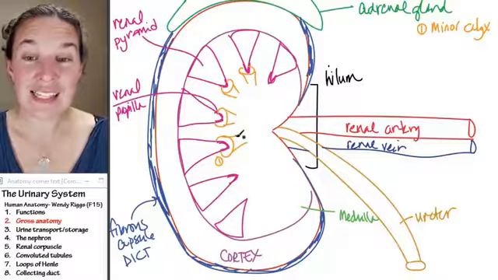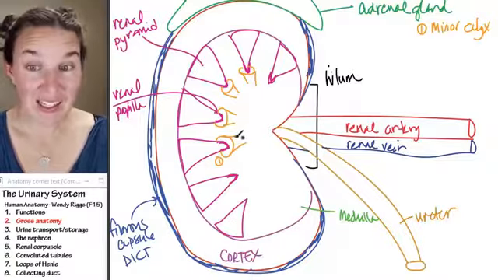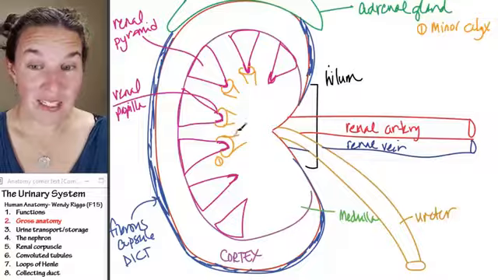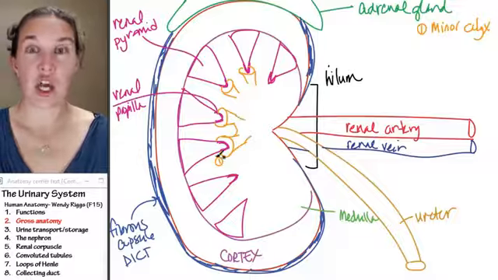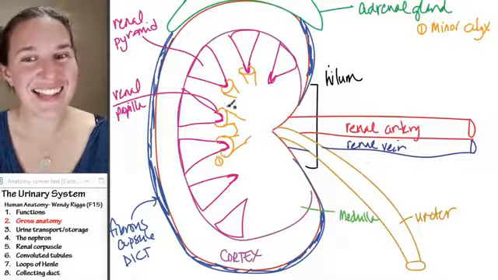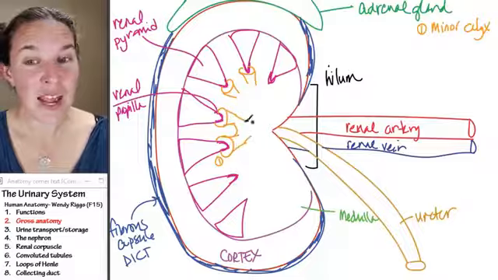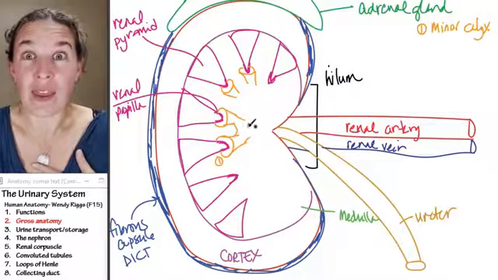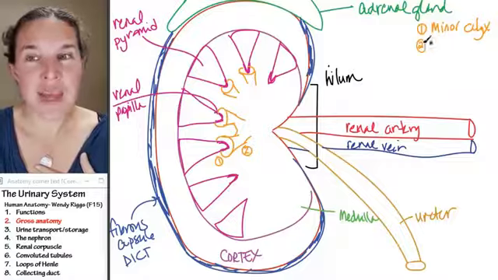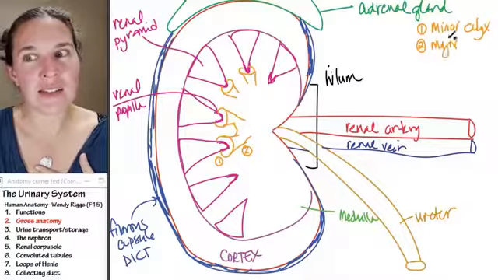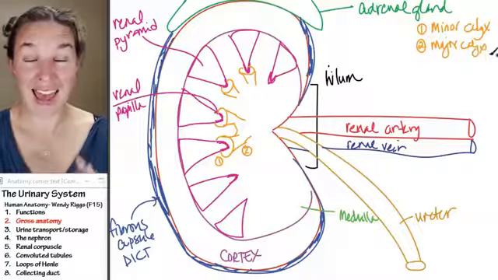Minor calyces combine with other minor calyces. Look what just happened. Do you see what I just did? Two funnels, two minor calyces, come together and make a, what do you think? It's this easy. They make a major calyx. Okay?